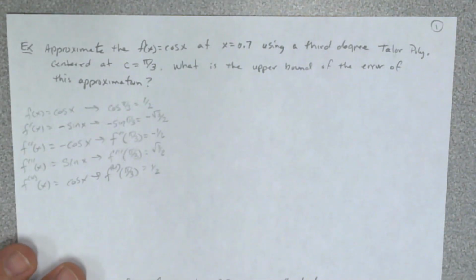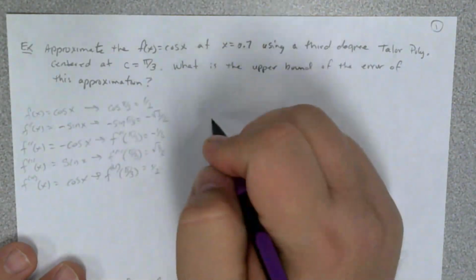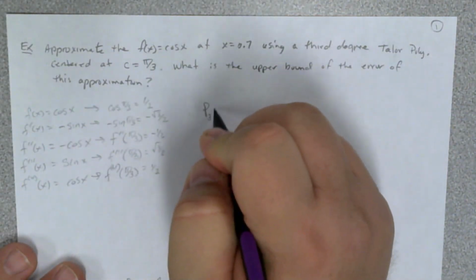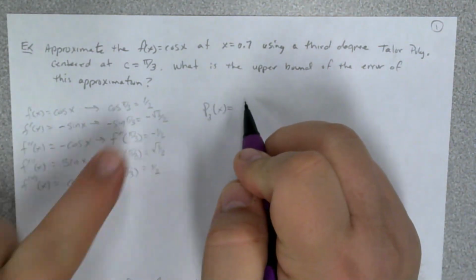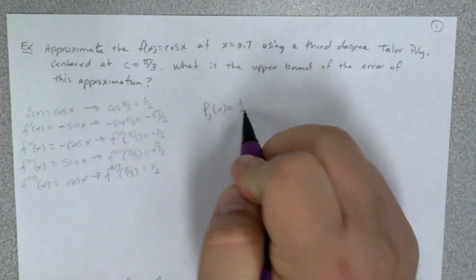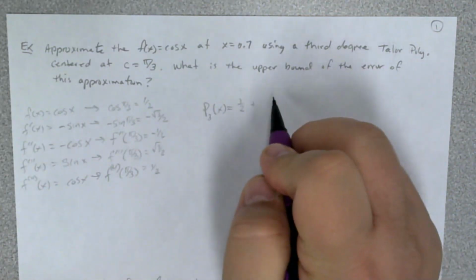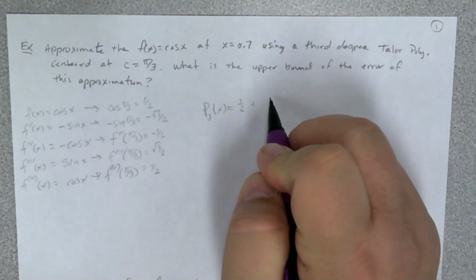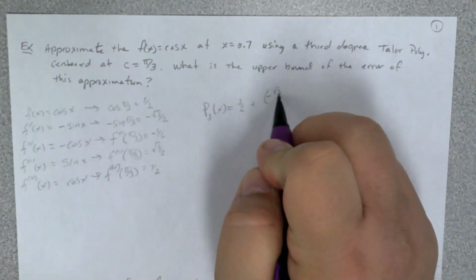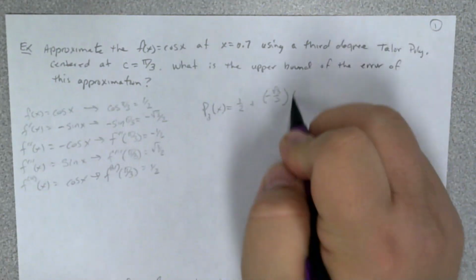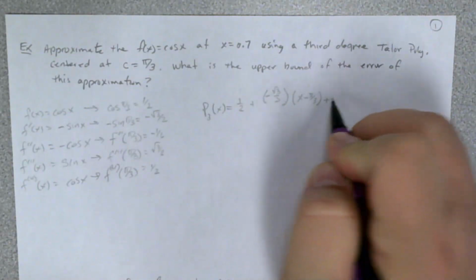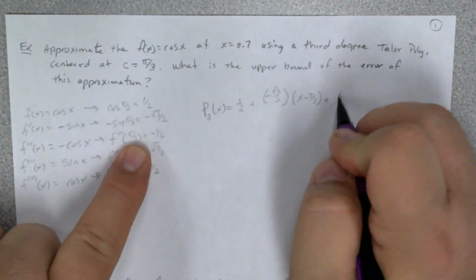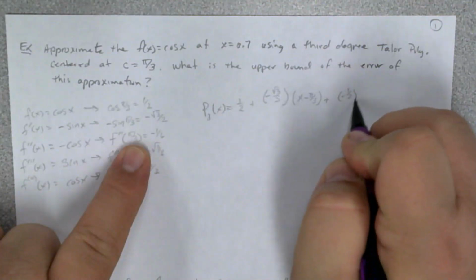Let's find our third degree Taylor polynomial. What do I know it to be? It's going to be the first term, 1/2, plus the first derivative, which I already have a value for, so it's going to be negative root 3 over 2, times x minus the center, plus then the next number, which is in the next derivative, negative 1/2.